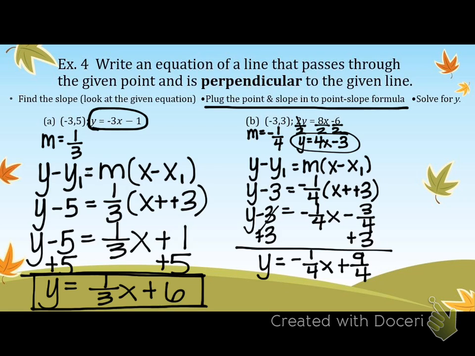Remember, we like improper fractions. We like reduced fractions. We don't need mixed numbers or decimal answers. So our equation of a line that is perpendicular to the one they gave us is y equals negative 1/4 x plus 9/4. And that is the end of lesson 4.3.